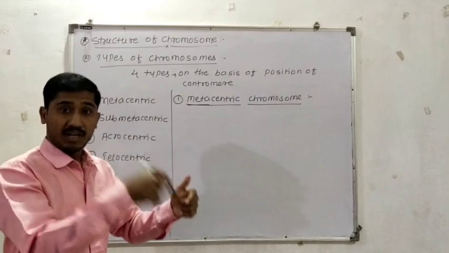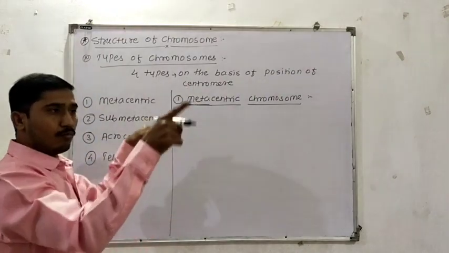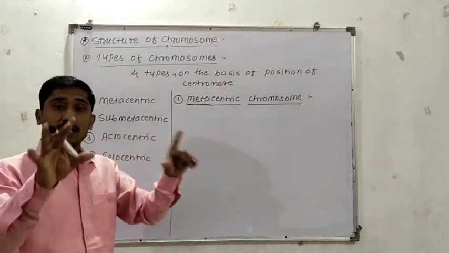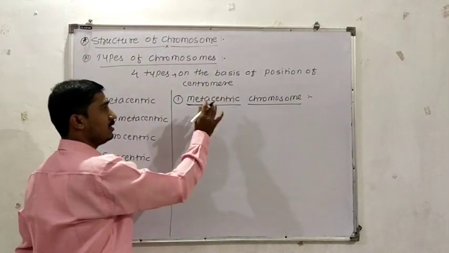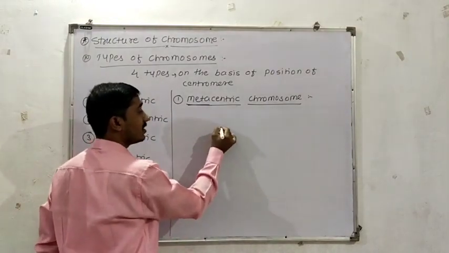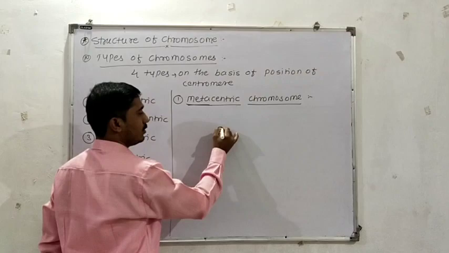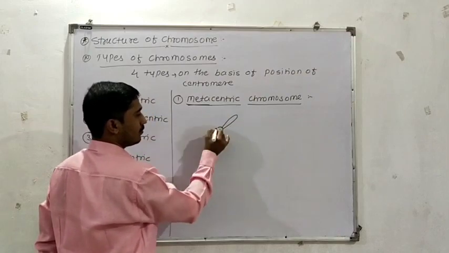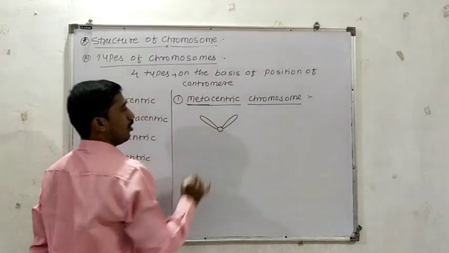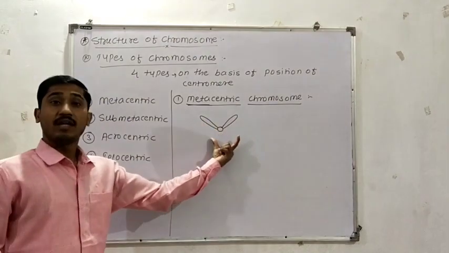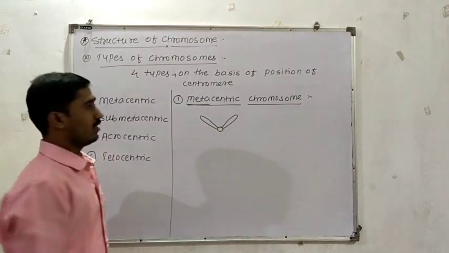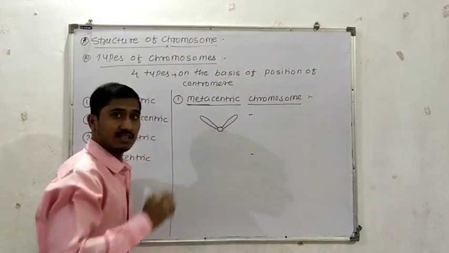Centromere lies at middle position and both the chromatids are having equal length in this metacentric chromosome. What is the condition I said? Centromere lies at central position and both the chromatids are having equal length. 2 features as I said here.